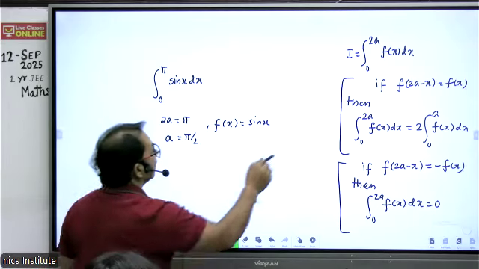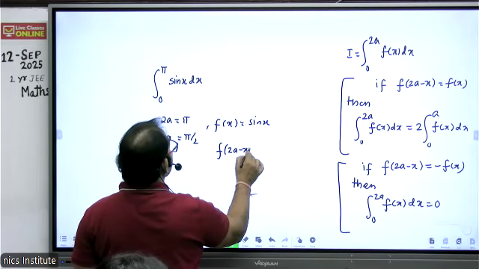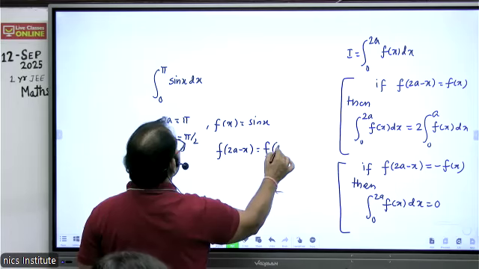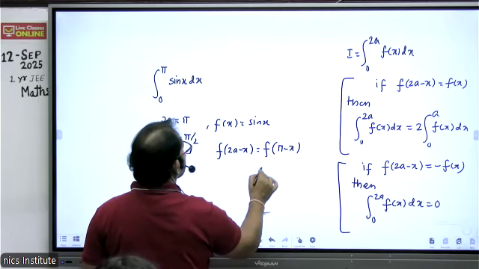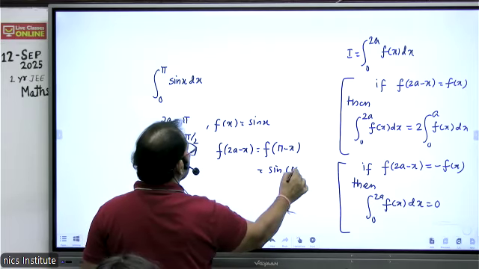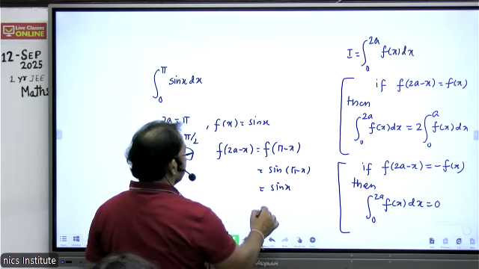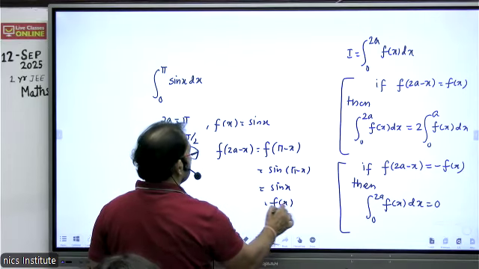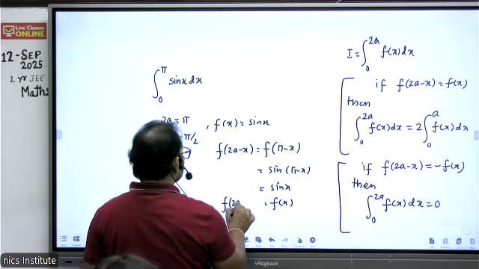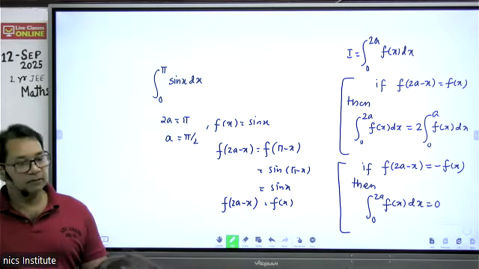So if I try to apply that, f of 2a minus x कितना होगा? It would be f of pi minus x. f of x sin x है, तो f of pi minus x would be sin pi minus x, that is sin x, which is your f x. So in this particular question, f of 2a minus x f x के बराबर हो गया.